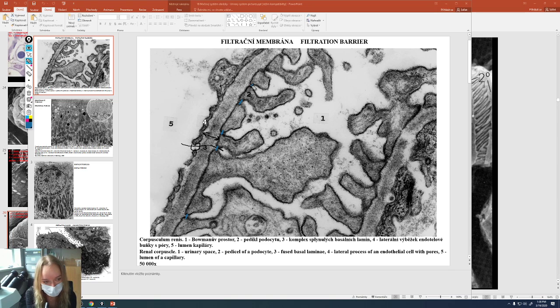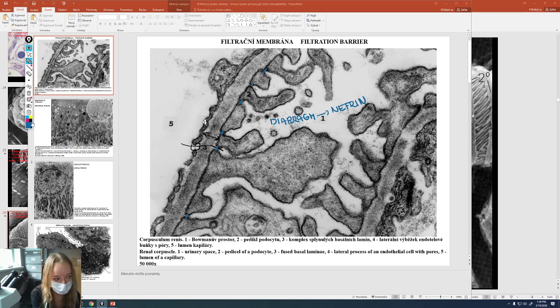So between the podocytes there is a diaphragm, and this diaphragm contains a protein called nephrin. Very important protein. And also remember that the basal lamina here contains some important proteins. So these proteins together create a barrier between blood and the Bowman space.